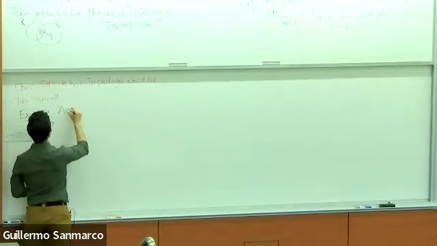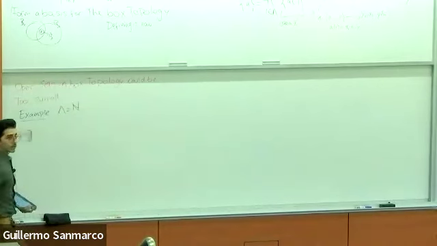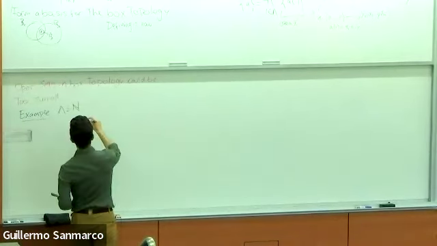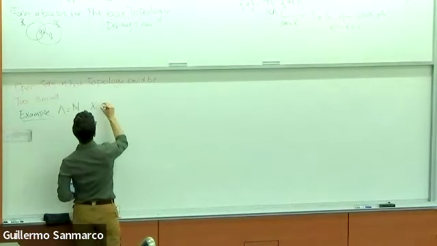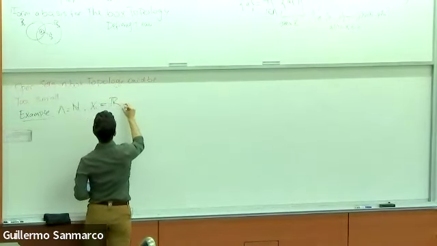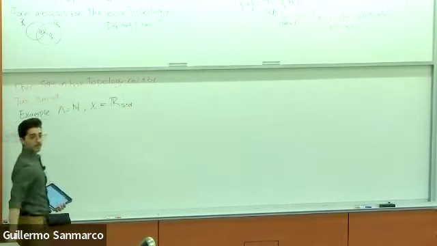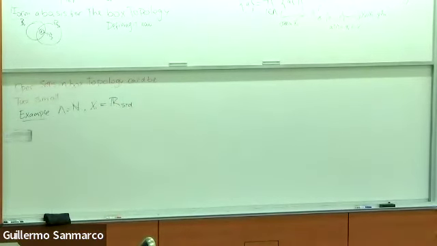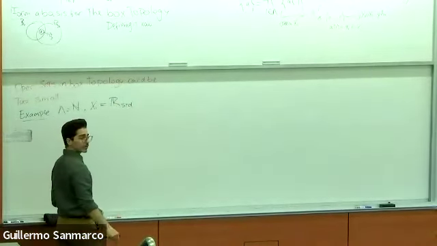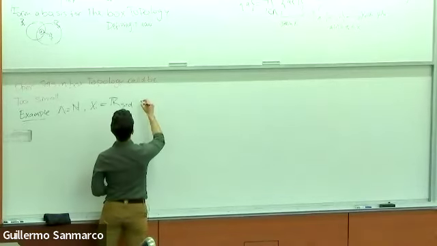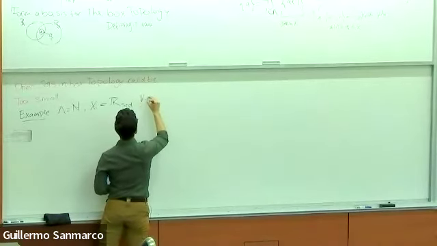So here my lambda is going to be the positive integers. And my topological space Xi is always going to be the real numbers with the standard topology, for all i's.